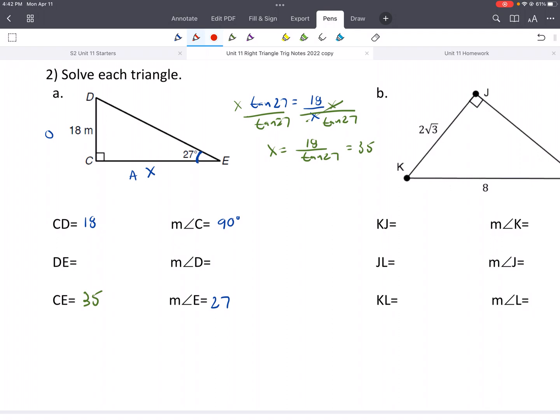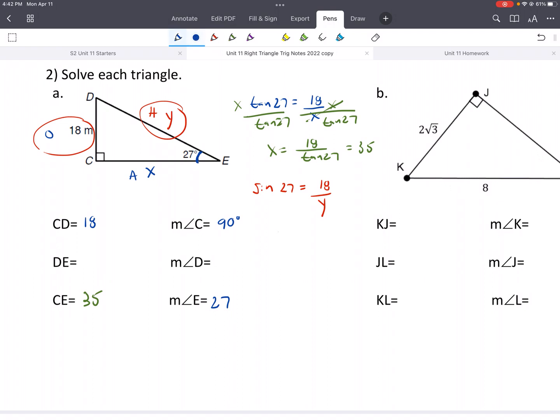So this is our hypotenuse. If we're trying to find, maybe I'll call it y this time, if we're trying to find h and we have o, then we would want to use sine. So sine of 27 is equal to opposite over hypotenuse, which is y here.